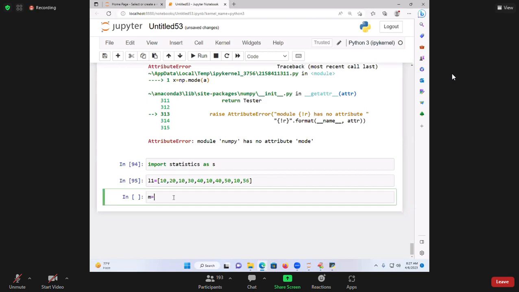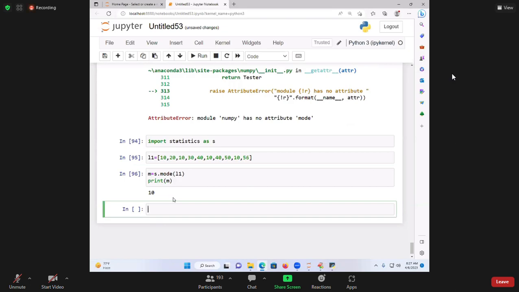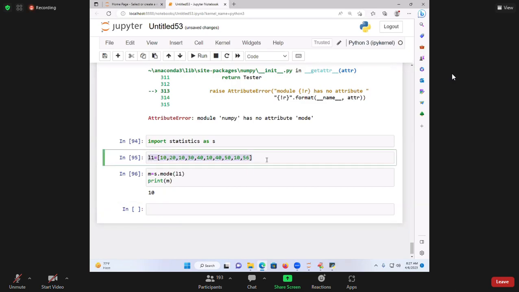M is equal to s dot mode of L1. Here s is the module alias name. Print of M. You see the answer. What is the frequently repeated element? 10.